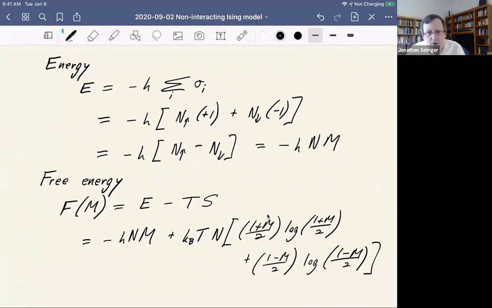Okay, so for the Ising model with no interactions, here's an expression for the free energy.